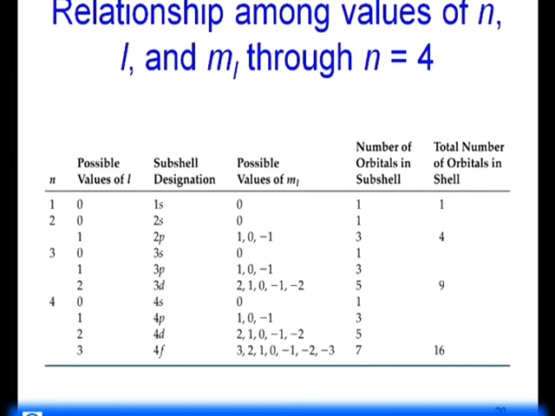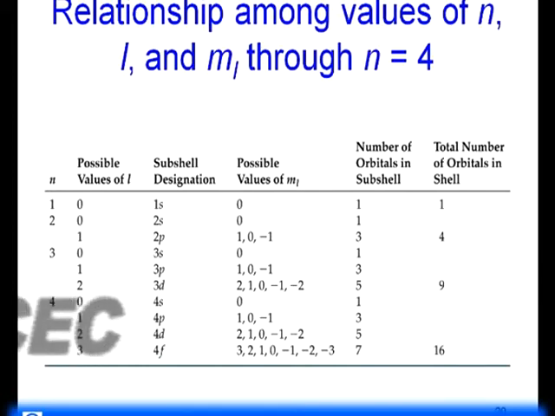This is 1s, and the only possible value of ml is 0, because L is equal to 0, and the only possible values are from plus 0 to minus 0, which means 0. So there is only one orbital in this subshell, and the total number of orbitals is equal to 1.